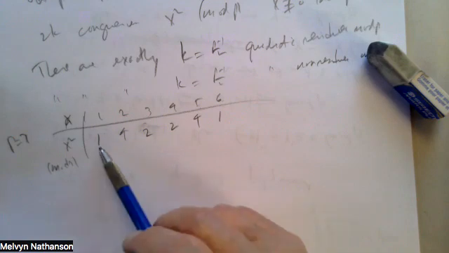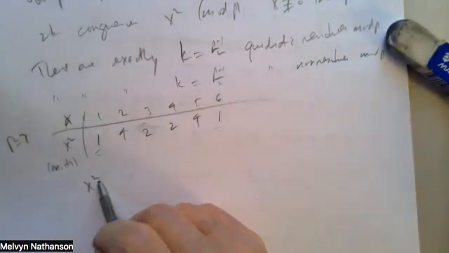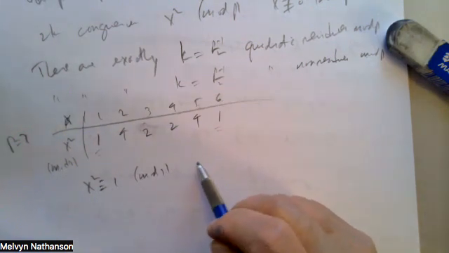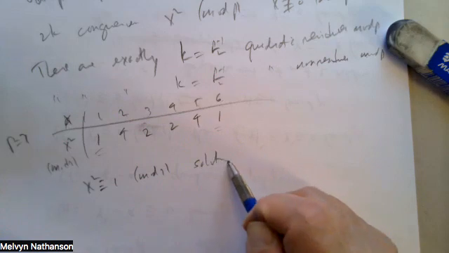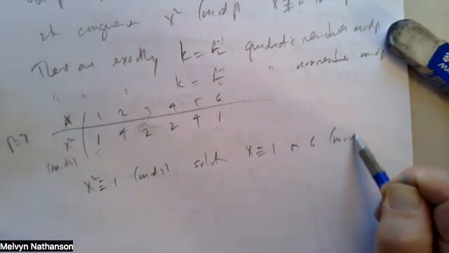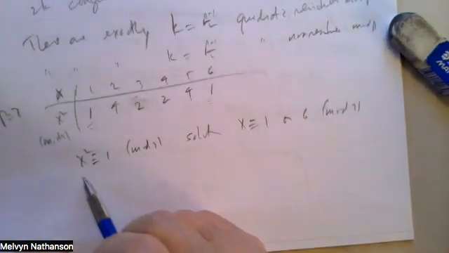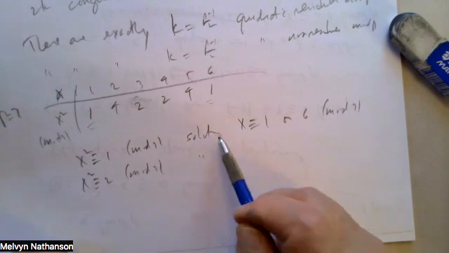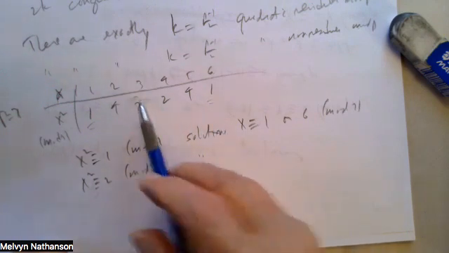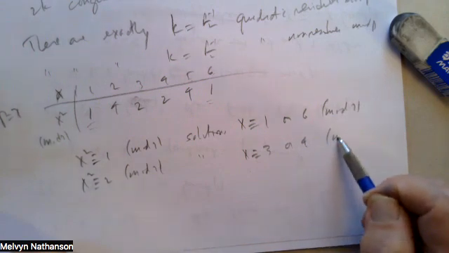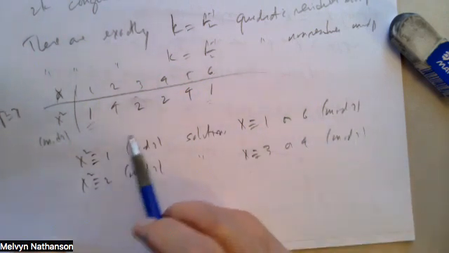So when I square the numbers, I get each of 1, 2, and 4 twice. X squared congruent to 1 mod 7: the solutions are x congruent to 1 or 6 mod 7. X squared congruent to 2 mod 7: x congruent to 3 or 4 mod 7.